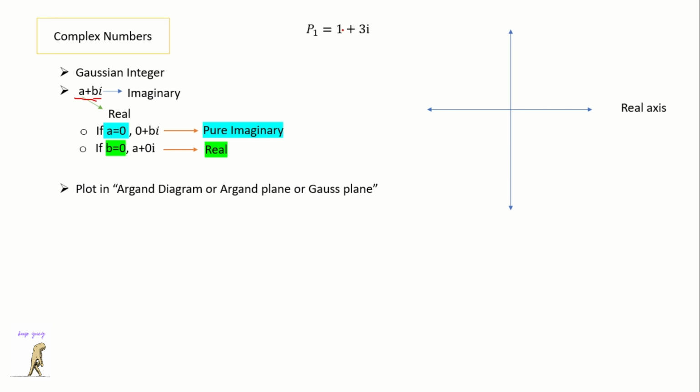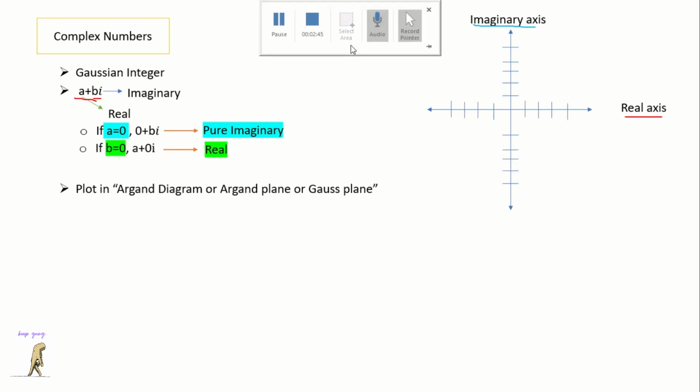And the vertical axis, which is y, is what we call the imaginary axis. So let's plot this. First, 1 here and 3. Let's count upward: 1, 2, 3 here. This is our point 1.